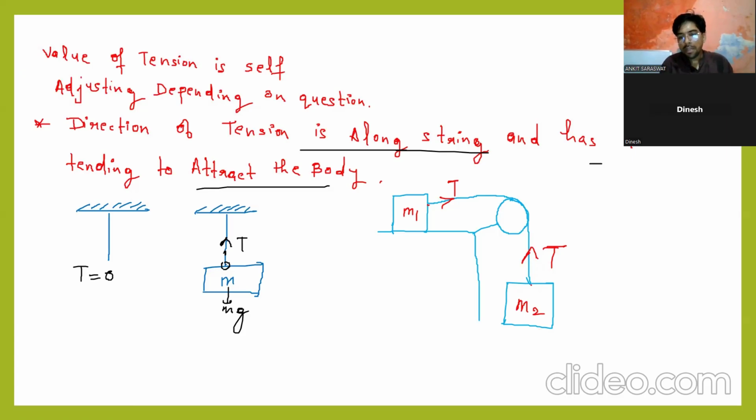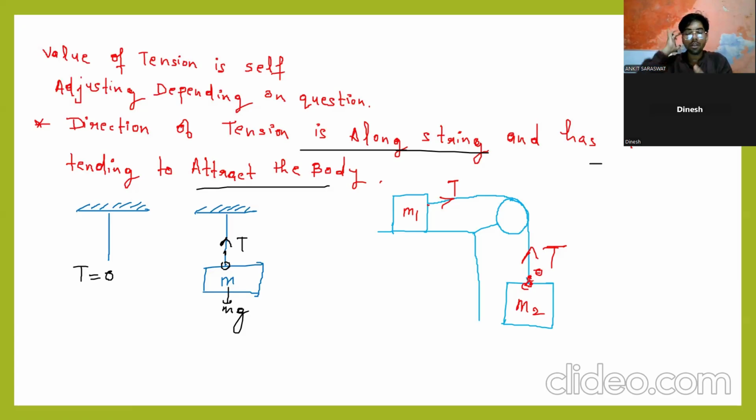One more thing I will tell. Here, every atom has electrons. An electron of this string is here, and an electron of this mass is here. Then the electron of block M2 will apply the repulsion force in which direction? Up on this string. That is why tension is up.